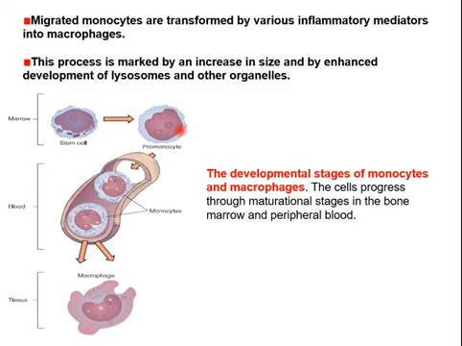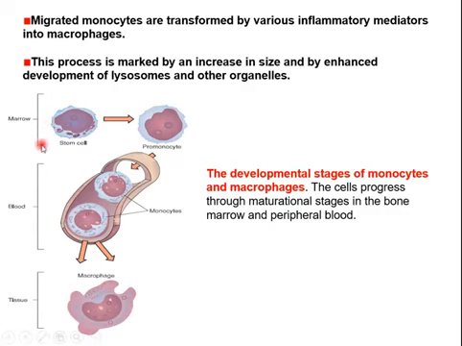Macrophages, if you remember, as I said before, migrated monocytes are transformed by various inflammatory mediators to macrophages. Monocyte in the bloodstream, macrophages in the tissue. The developmental stages of monocyte and macrophages: this process is marked by an increase in size and by enhanced development of lysozyme and other organelles.